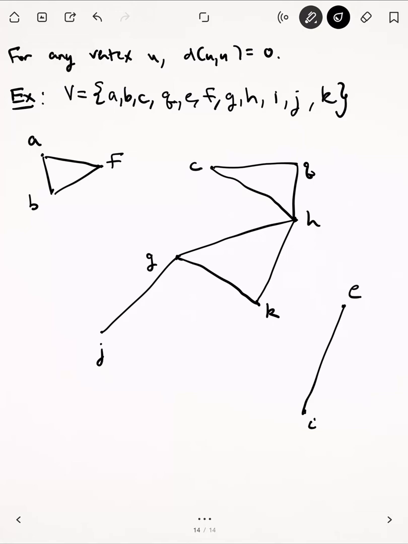We can think about the distances between each of these vertices. For example, d(A,F) equals 1, d(Q,Q) equals 0.